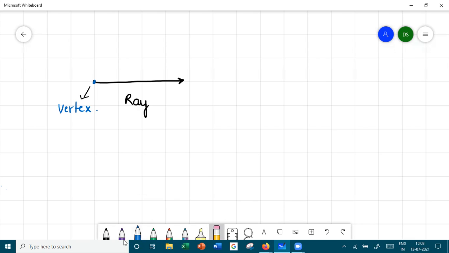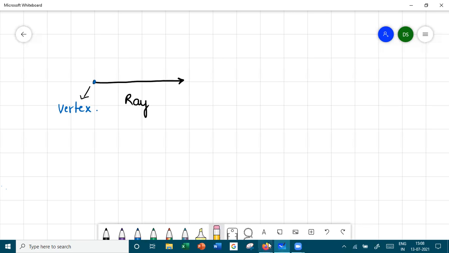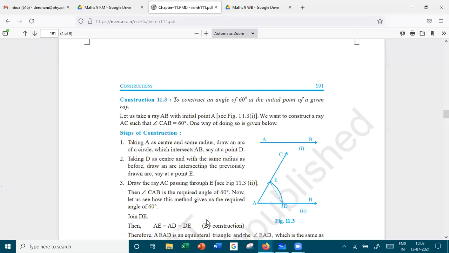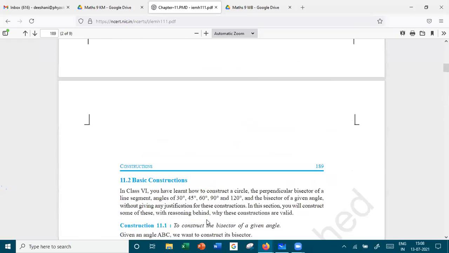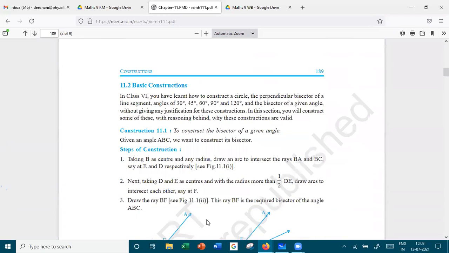Then let us go on to angles. Okay, they've directly started with bisector.